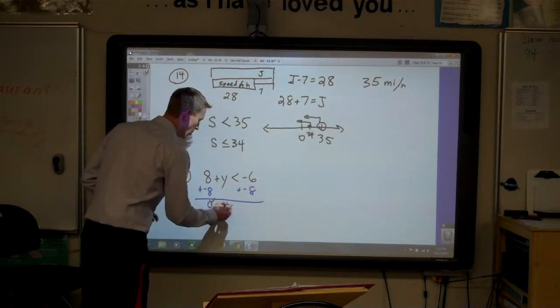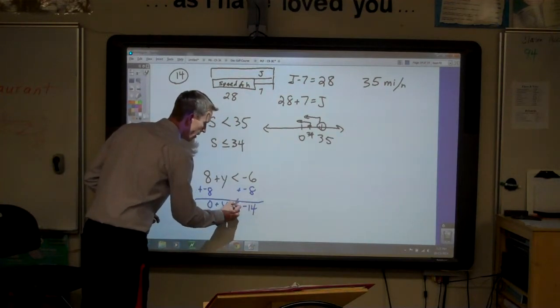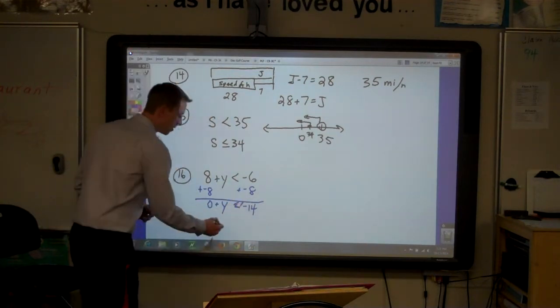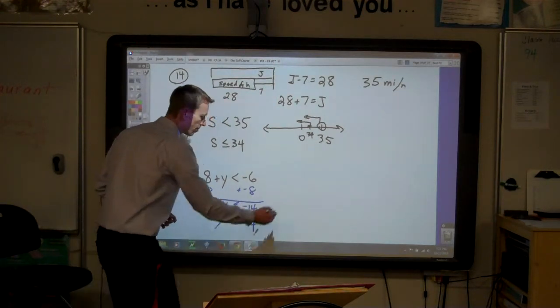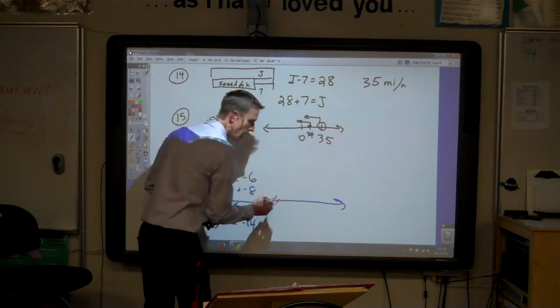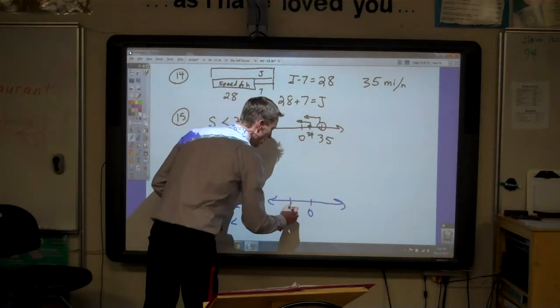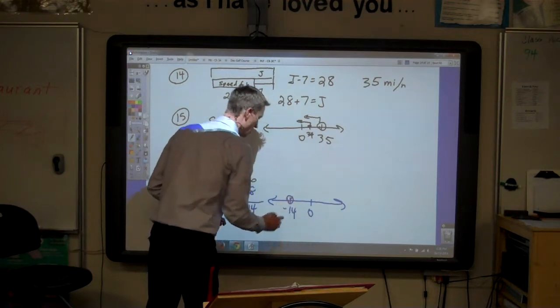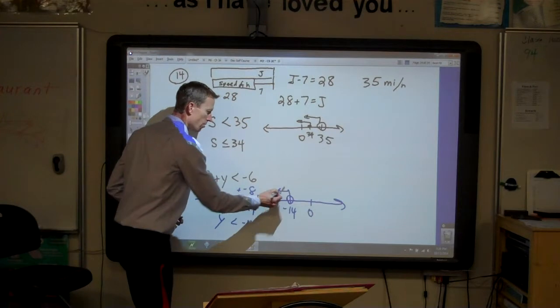Y plus 0 is less than negative 14. So y is less than negative 14. Graph it on that line. Mark 0, mark negative 14. And y is less than, so arrow to the left.